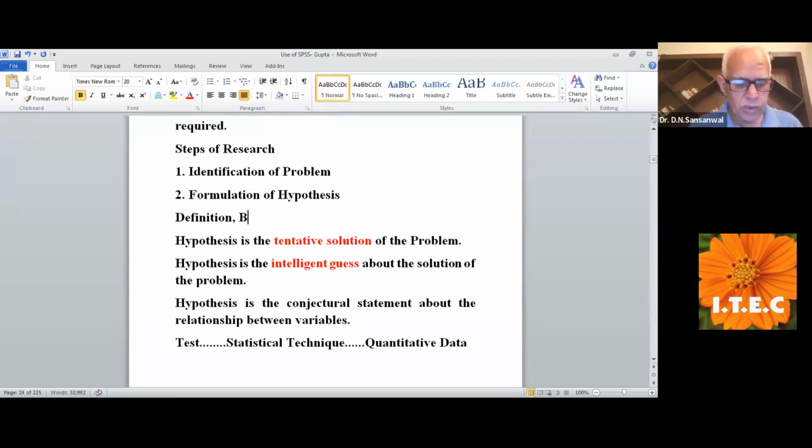Now, then you must know the basis of formulating the hypothesis, which I am not going to tell you. Next is types of hypothesis. Do you know how many types of hypothesis there are? Can you name the types of hypothesis? Kindly name the types of hypothesis which you know.